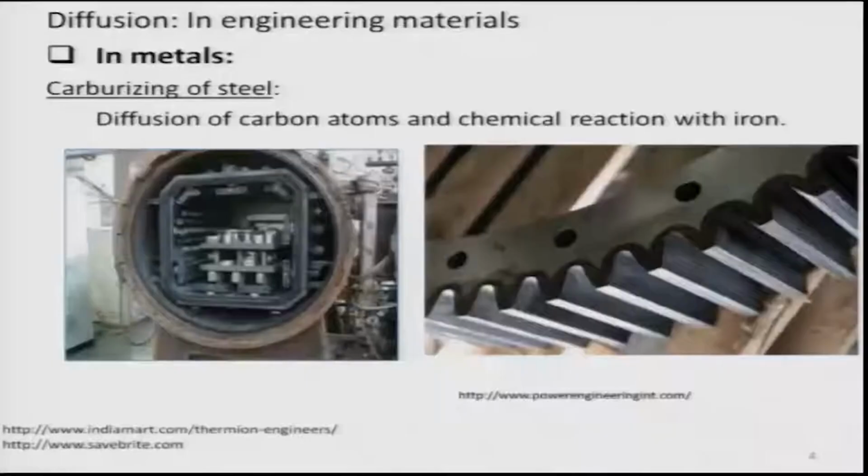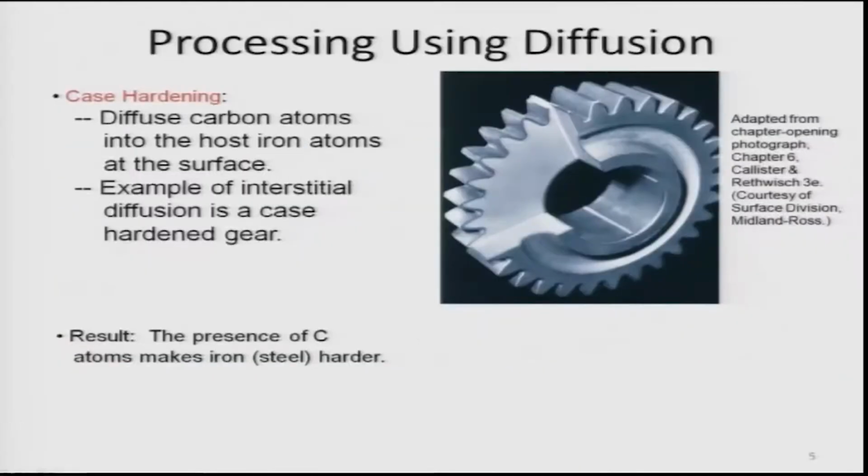This is done by putting these gears inside a furnace at high temperature, where carbonaceous gas is present, and from the gas, carbon gets deposited onto the gear surface, and then slowly diffuses inside it. So, this is another example, and this is what is shown here.